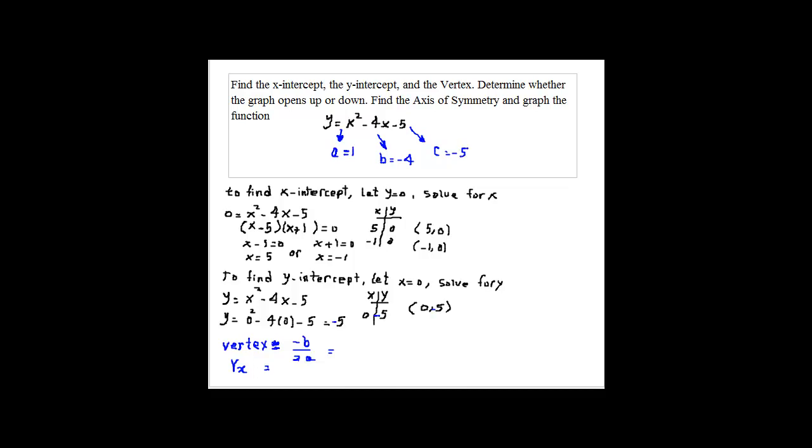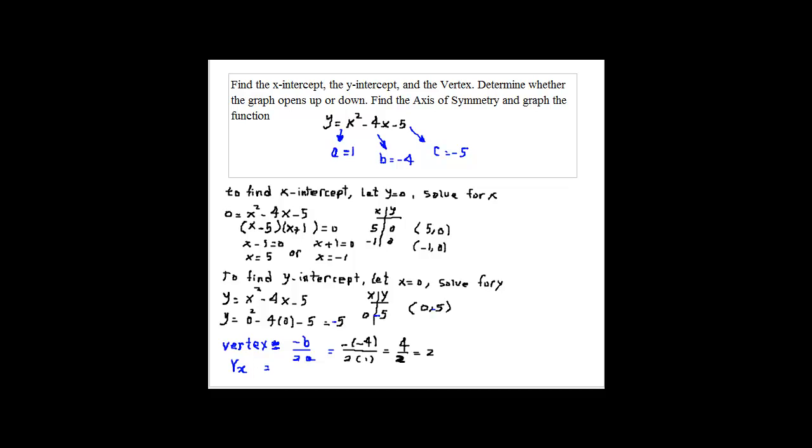If I substitute those numbers into this formula, that is minus minus 4 over 2 times 1, which gives you 4 over 2. So the x position of the vertex is equal to 2.